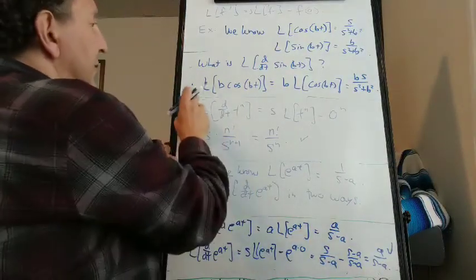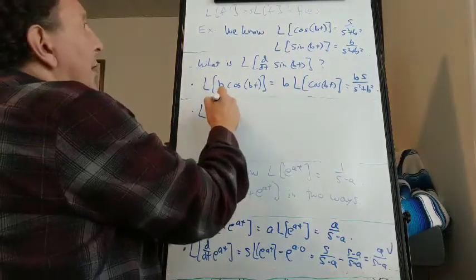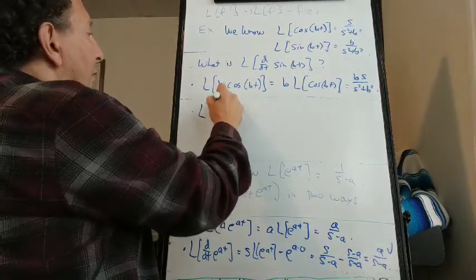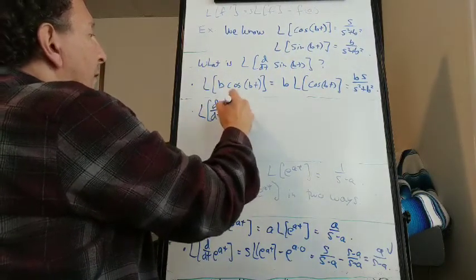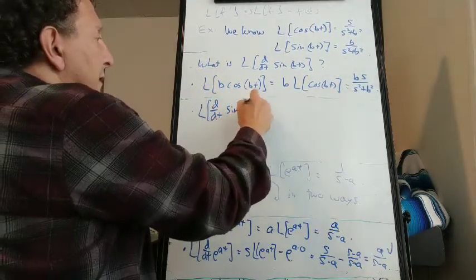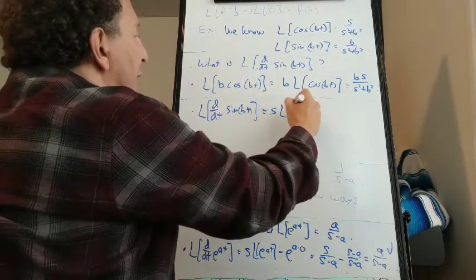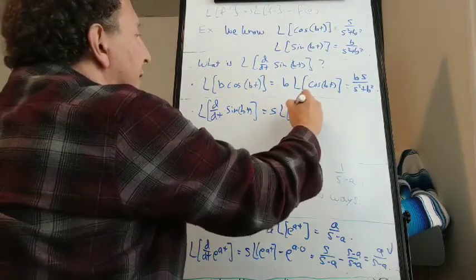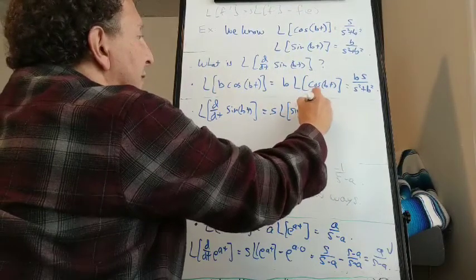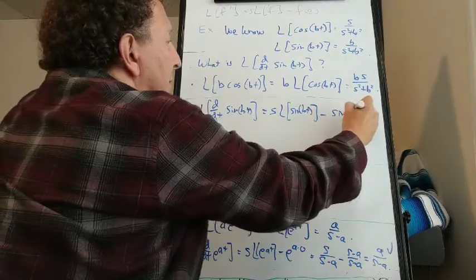And then if we use the derivative rule, the Laplace transform of the derivative of sine of bt is s times the Laplace transform of sine of bt minus sine of 0.